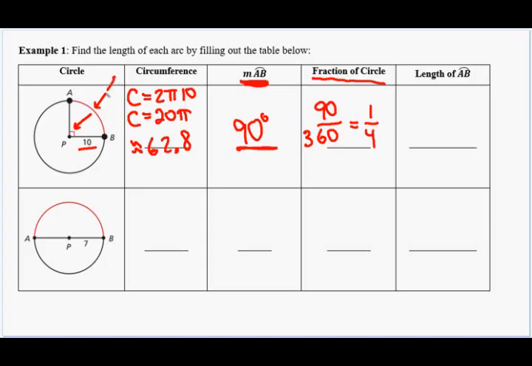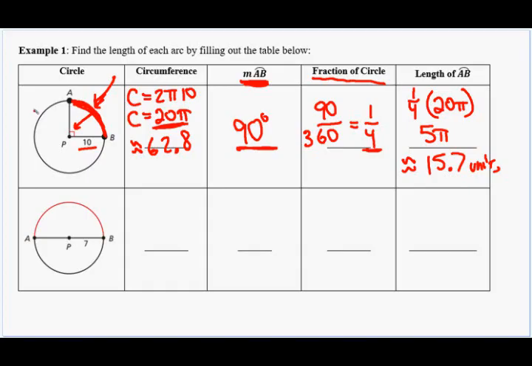So if I want to find just the length of this red arc from A to B, I'm going to take the circumference, 20 pi, and I'm going to multiply that by the fraction 1/4. 1/4 of 20 is 5, so 5 pi. 5 times pi is about 15.7 units, whatever units they're going to give us. So again, the full circumference would be 20 pi. We don't want the full circumference. We just want this fraction of the circle. So we would do the full 20 pi times our fraction 1/4.